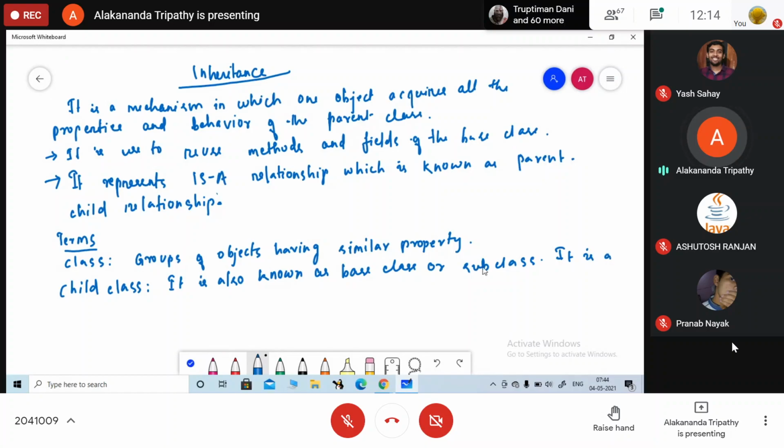It is a class which inherits the other classes.